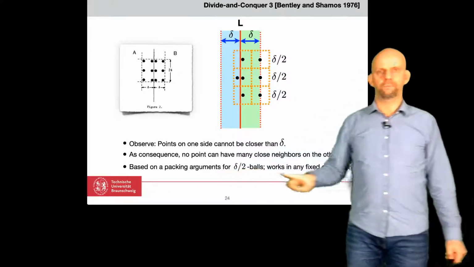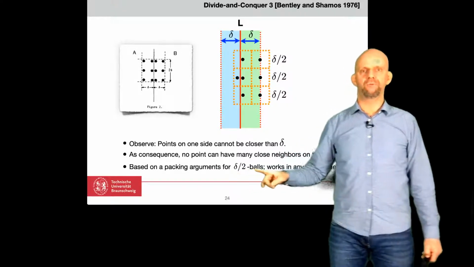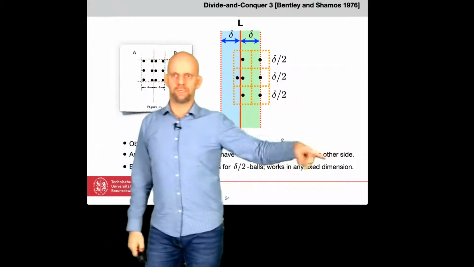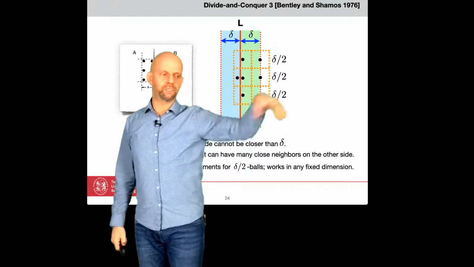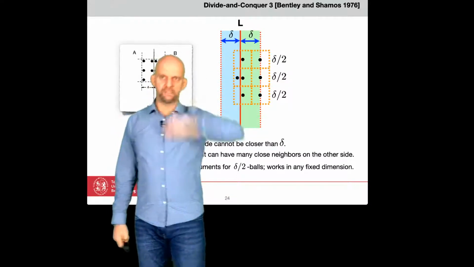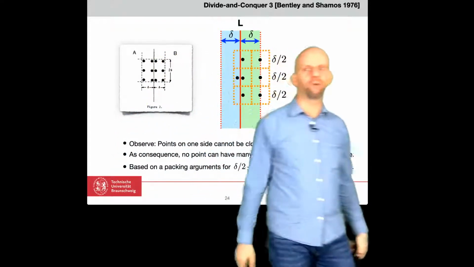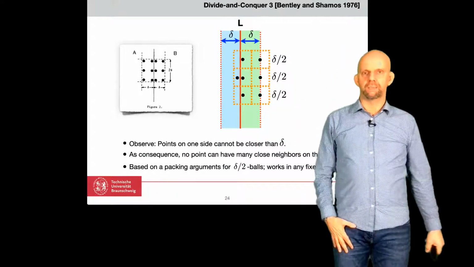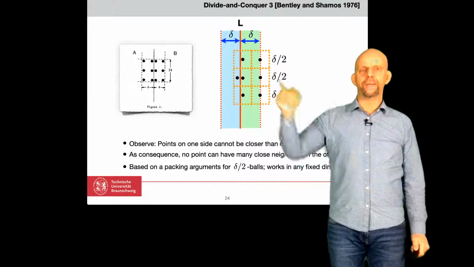Now, what I just said already, the packing argument for these delta over 2 balls works also in other fixed dimensions. So this basic idea is very general, very universal. You don't have to draw it for every metric. You don't have to draw it for every dimension. It's sort of a general idea that works there. There's the packing, basically.